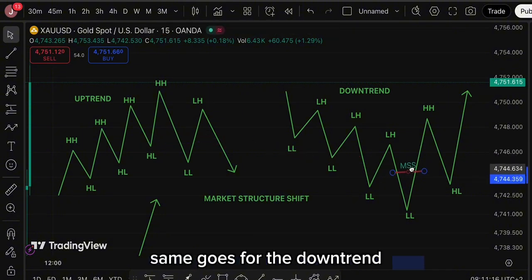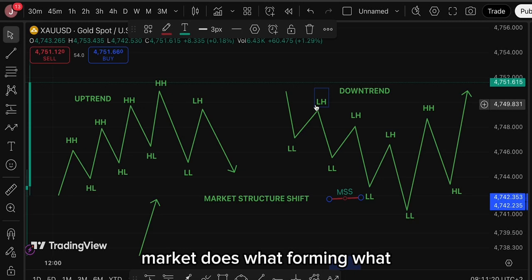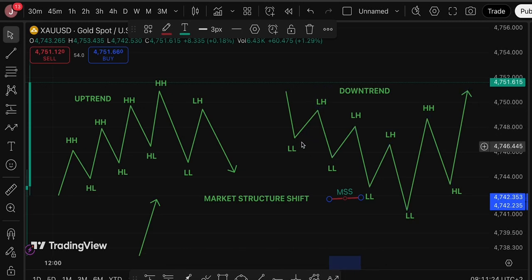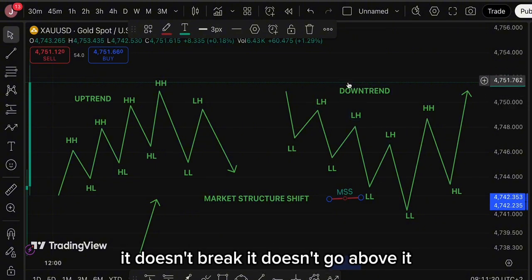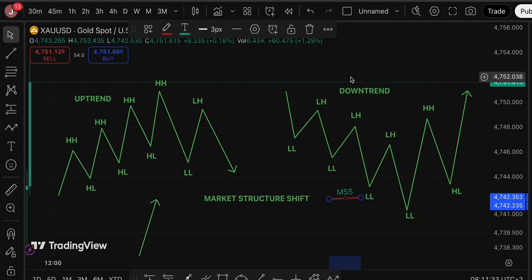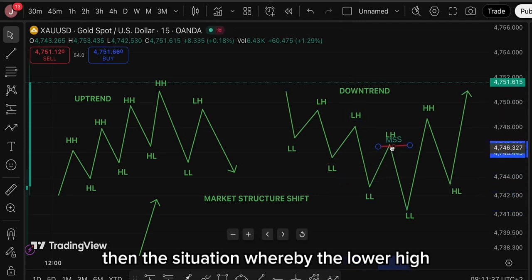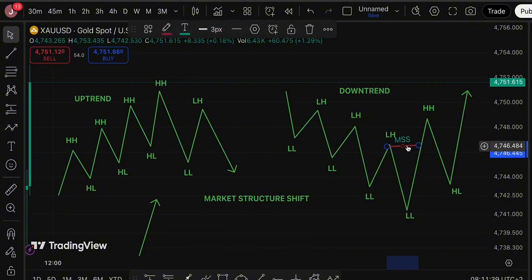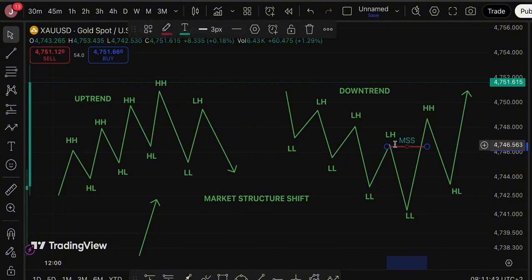Same goes for the downtrend. The market is forming lower highs and lower lows. The lower low keeps breaking and the lower high keeps following the same pattern. It doesn't break, it doesn't go above it. Then the situation whereby the lower high got broken, it breaks it.